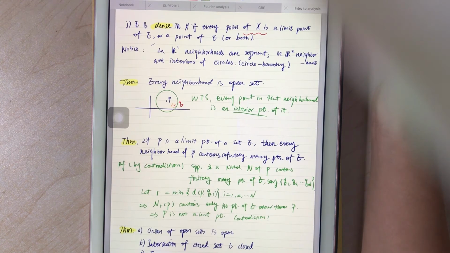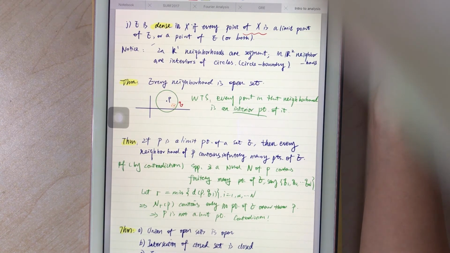The neighborhood in R2, the complex plane, is circles, but we don't take the boundary of the circles. If you consider the three-dimensional case, the neighborhood can be a ball without the boundary, right?